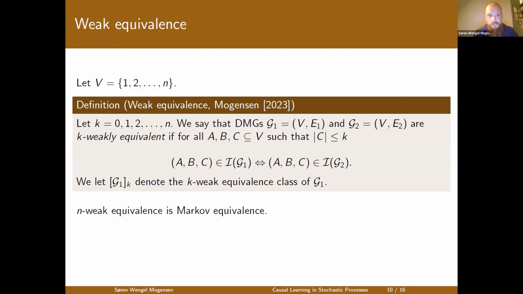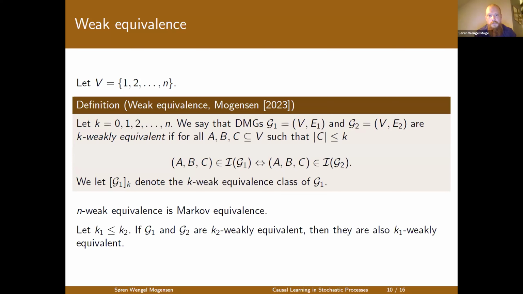And this is the generalization of Markov equivalence, because n-weak equivalence is of course Markov equivalence. So instead of trying to compare the graphs on everything they encode, we say that they're equivalent if they agree on all the separations with small conditioning sets.